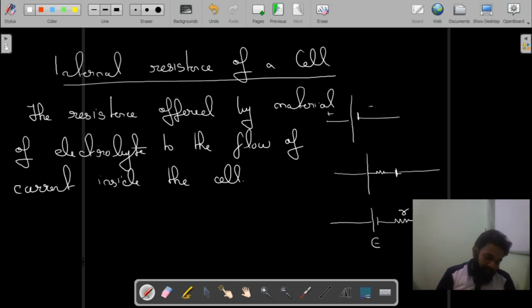We will mark this internal resistance just adjacent to the negative terminal. This is by the collision with the particles. The same way electrons experience collisions in the circuit, they will experience some collisions inside the electrolyte also.